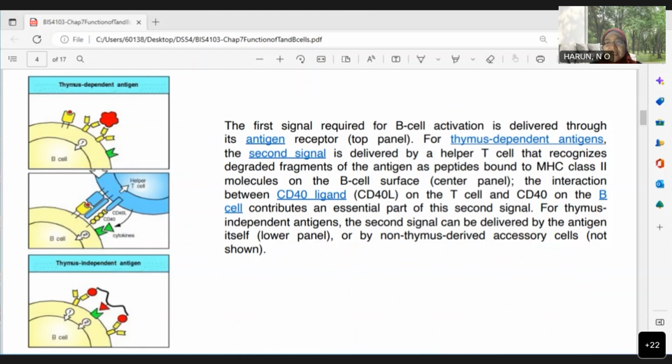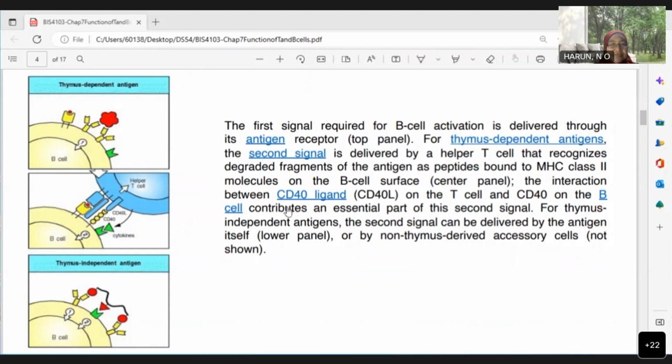The first signal required for B cell activation is delivered through its antigen receptor. For thymus-dependent antigens, the second signal is delivered by a helper T cell. So this is signal number 1, and signal number 2 is solely for thymus-dependent antigen, which then recognizes degraded fragments of the antigens as peptides bound to MHC class 2 molecules on the B cell surface.